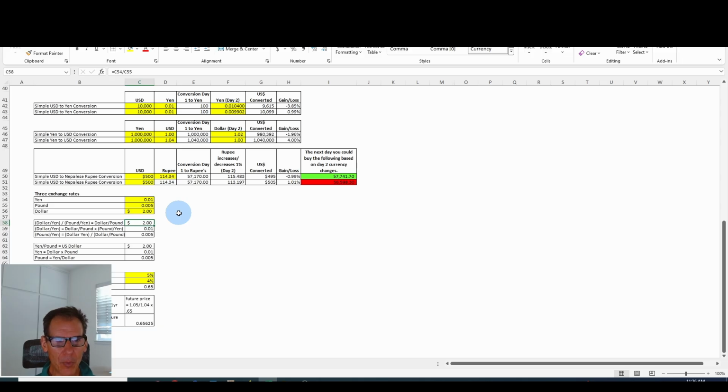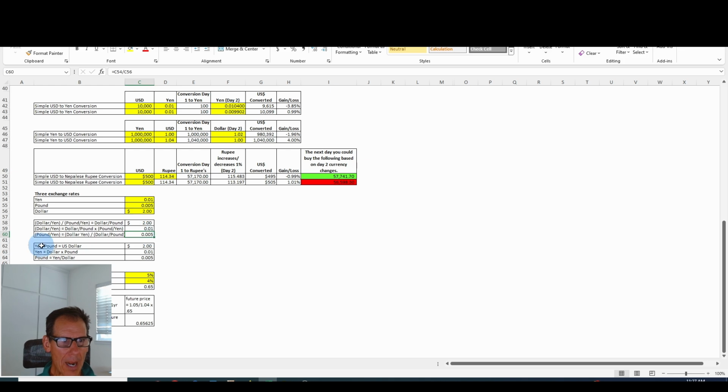What we're doing is we have three exchange rates. So if we have dollar yen 0.01, C54, divide this by C55, yen dollar, you get 2. Dollar yen equals dollar divided by pound times pound divided by yen equals C56. Divide this by C55. You're going, what? And then if you take pound yen equals dollar yen divided by dollar pound equals 0.005.